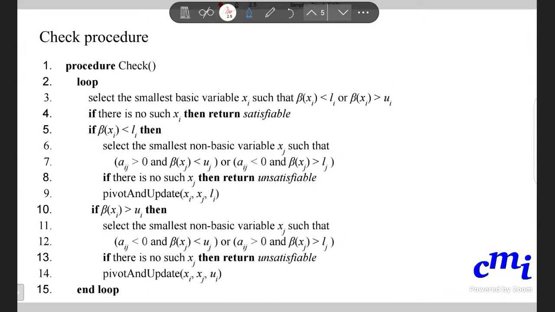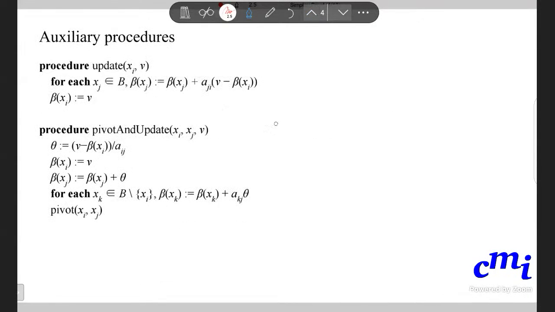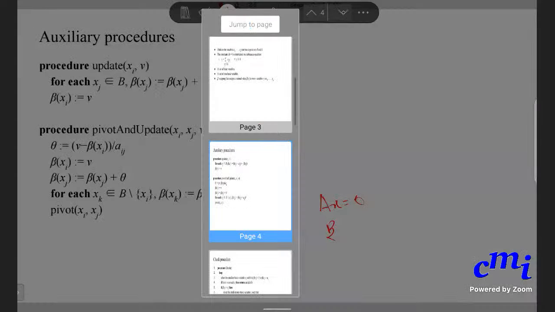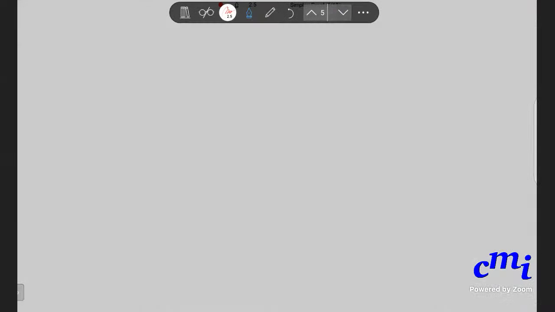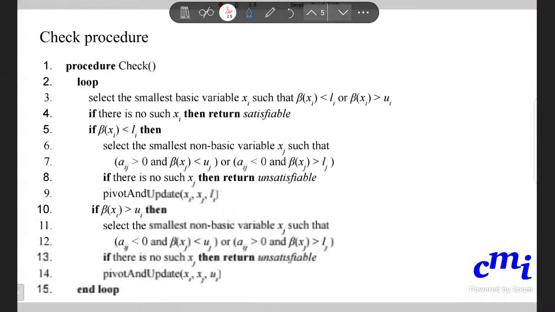So when you pivot xi and xj, Ax equal to 0 still holds, even for beta as well as the new beta. So this constraint is always satisfied, as well as this invariant.